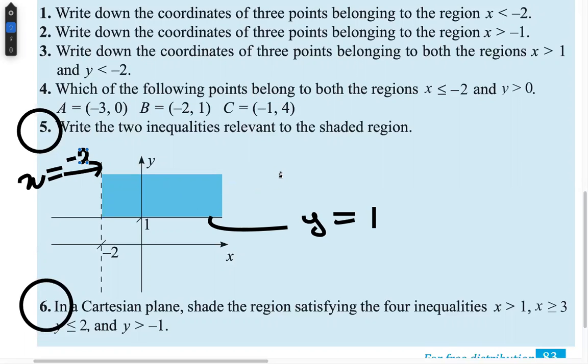Okay, so in this region it is greater than, sorry, let's do it like this. Y is greater than, is it equal? Yes, it is equal to 1.